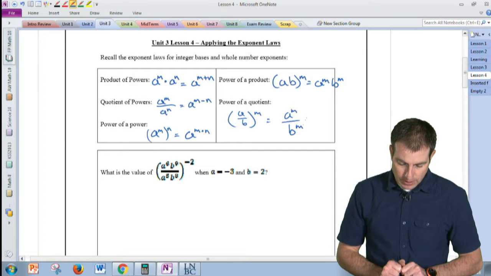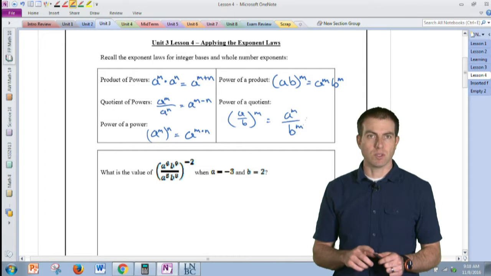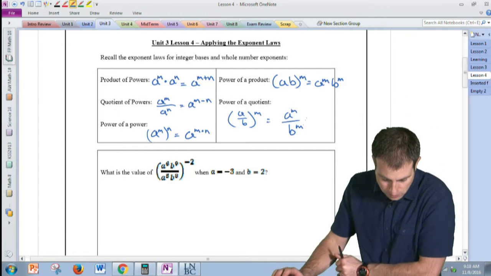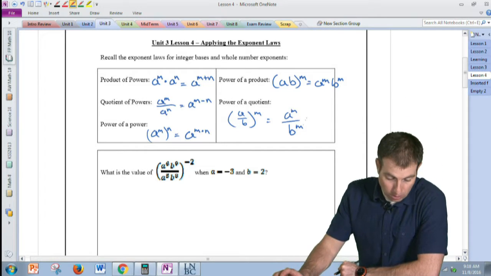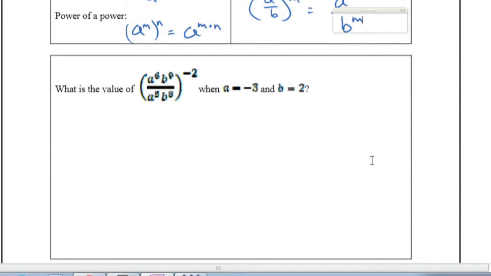So let's mosey on down into this first question here, and we'll see how we do. It's just more of what we were just doing. So what's the value of all of that in the brackets when a is -3 and b is 2? Sorry, that didn't copy very well.